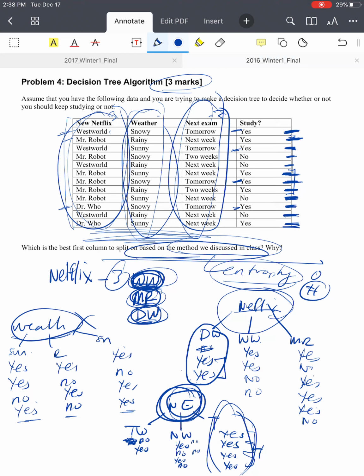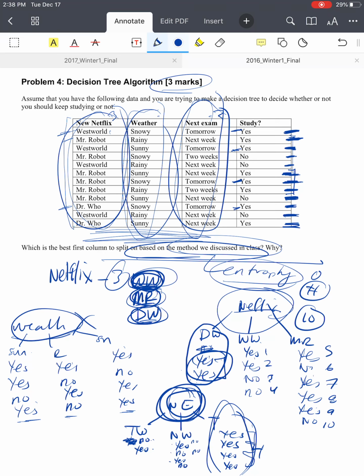But then you probably have to state your answer using the method we discussed in class, which is entropy. So for Netflix, this would be 1, 2, 3, 4, 5, 6, 7, 8, 9, 10. So the entropy value would be 10. You don't count these because they're homogeneous, they're the same answer.